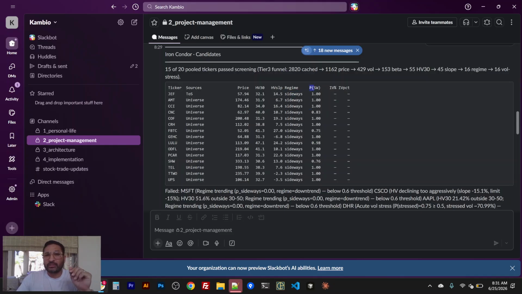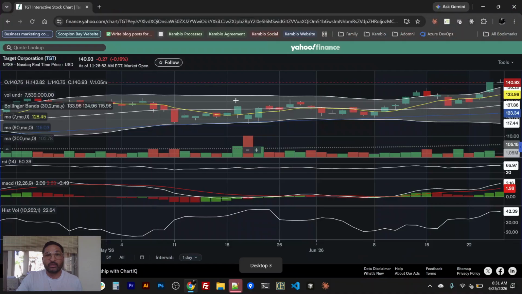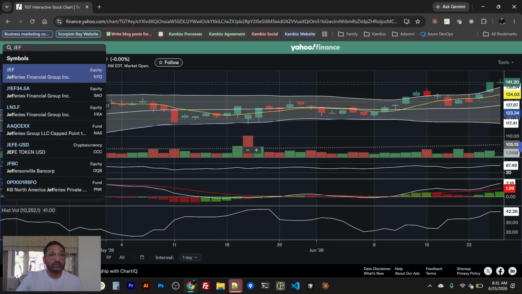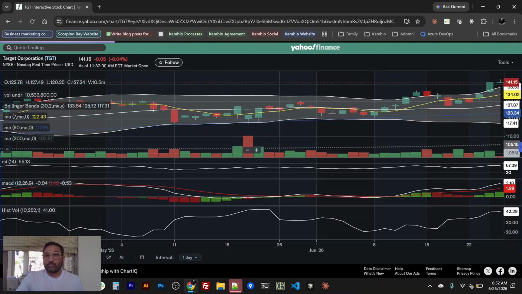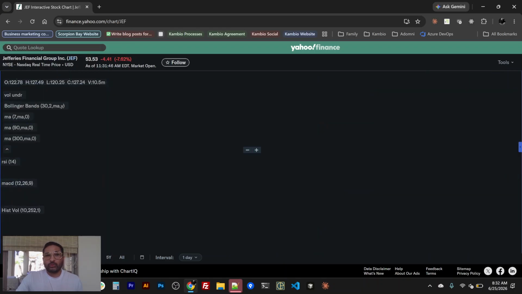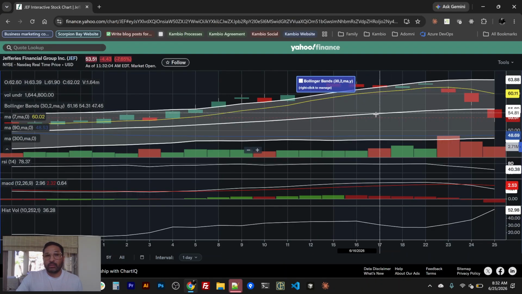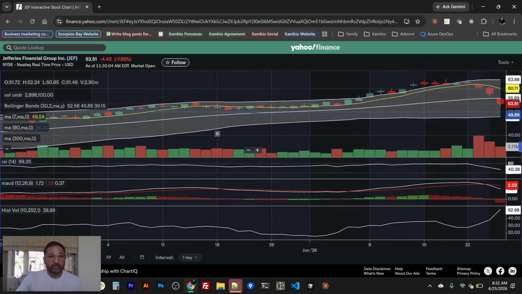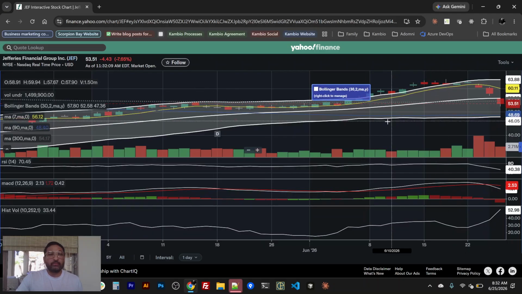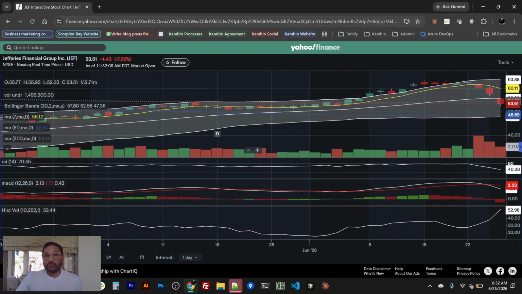So this P sideways is price sideways, where 1 means it's definitely sideways, and I guess we can take a look, but we don't have a ton of time. Let me just do this real quick. I wouldn't say that's sideways. I usually look at it on the 6 month. Yeah, I wouldn't say that's sideways, to be honest, but I guess we'll have to look at that.